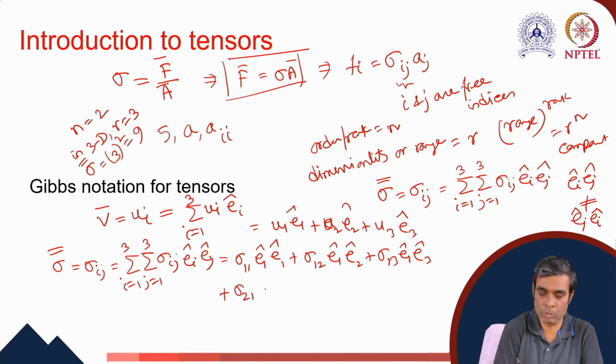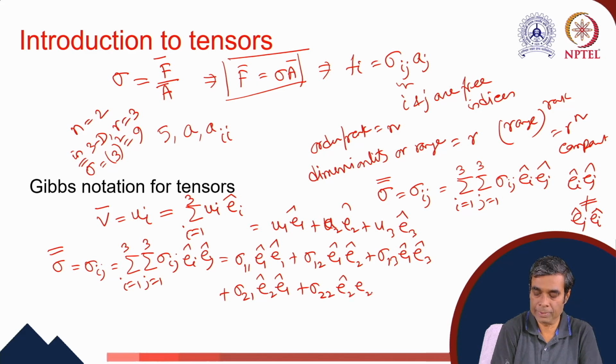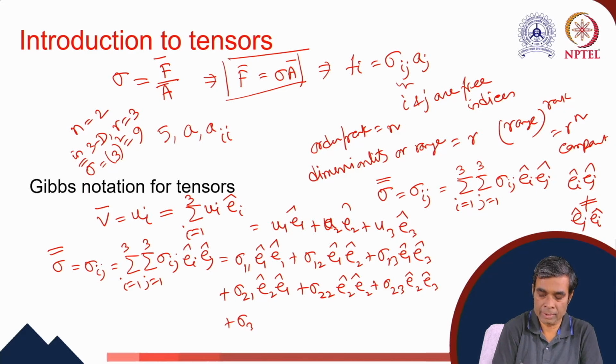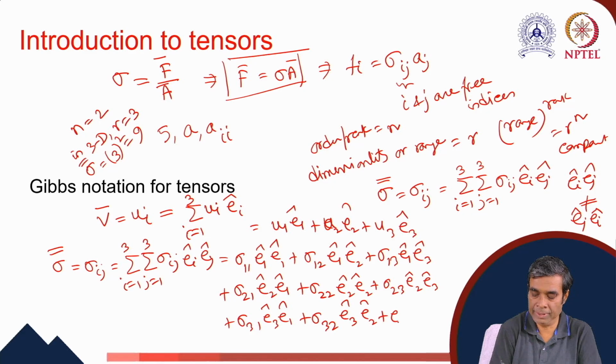plus sigma 21 E2 cap E1 cap plus sigma 22 E2 cap E2 cap plus sigma 23 E2 cap E3 cap plus sigma 31 E3 cap E1 cap plus sigma 32 E3 cap E2 cap, and finally plus sigma 33 E3 cap E3 cap.